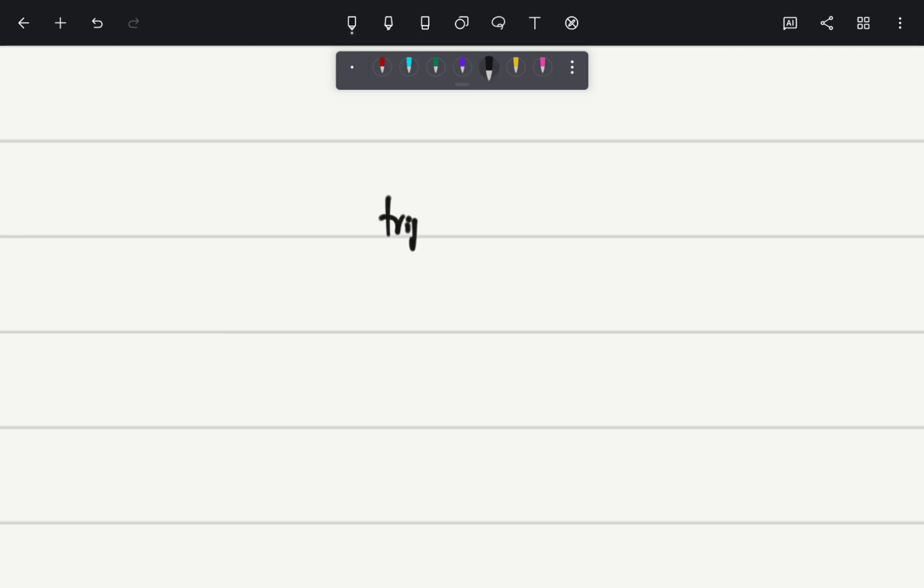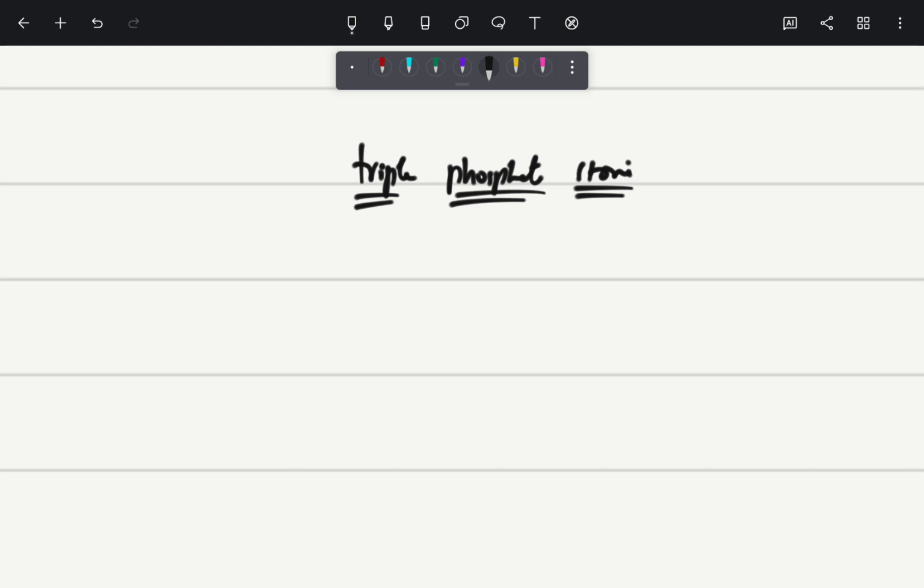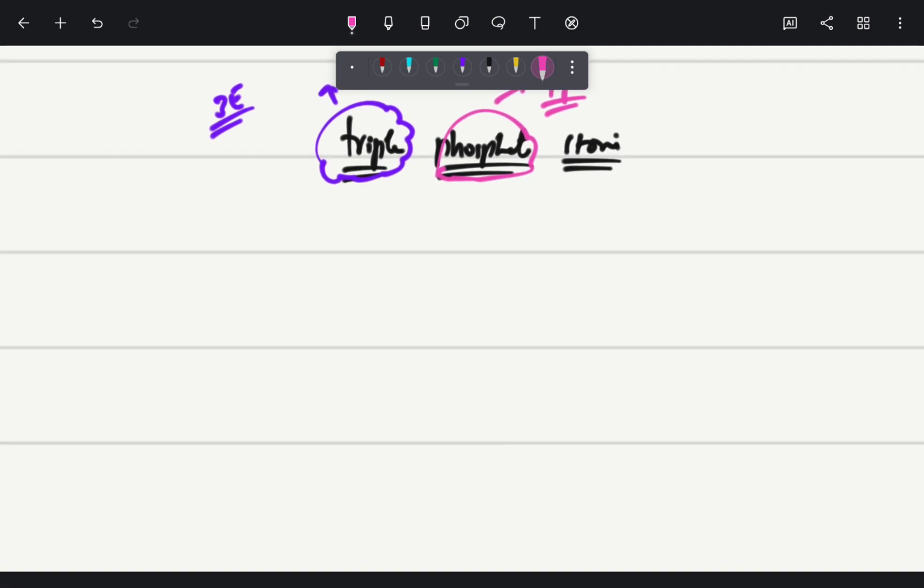So let's talk about the triple phosphate stones. As the name suggests, whenever we are talking about triple, it means it consists of three elements and one phosphate. Now what are the three elements of the stone? We will try to understand by drawing a small diagram here. So this is the stone.